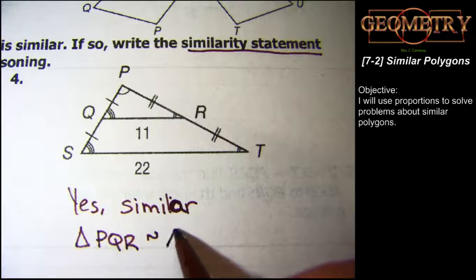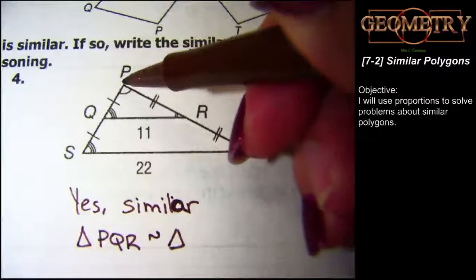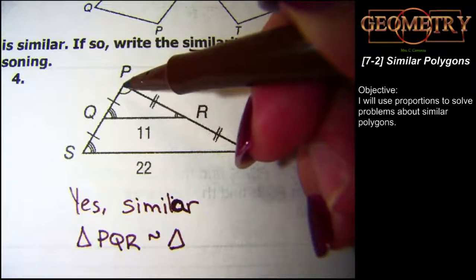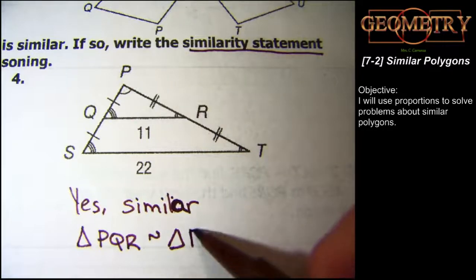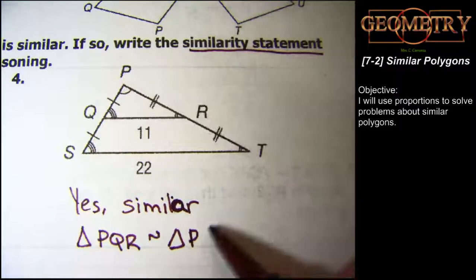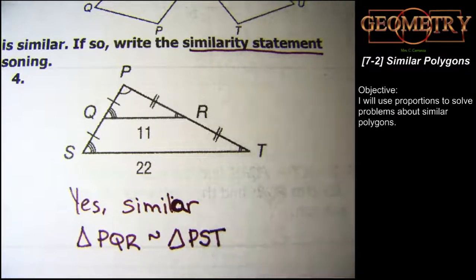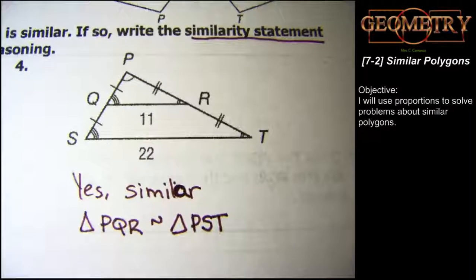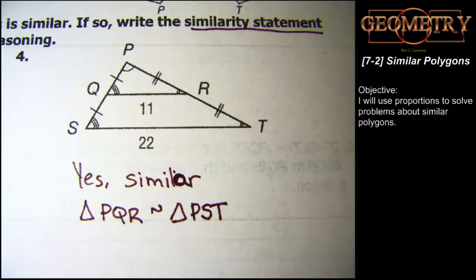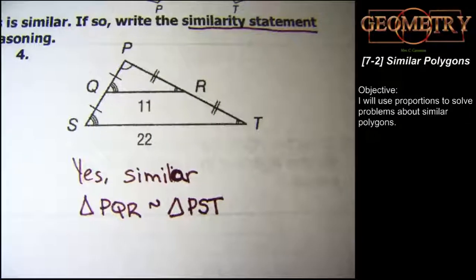Is similar to triangle. Now I need to go corresponding. P corresponds to P. S corresponds to Q. T corresponds to R. And I know that because those are the angles that are equal to each other. What did you put? It's a little squiggly, the same thing that you put on the top of congruent.